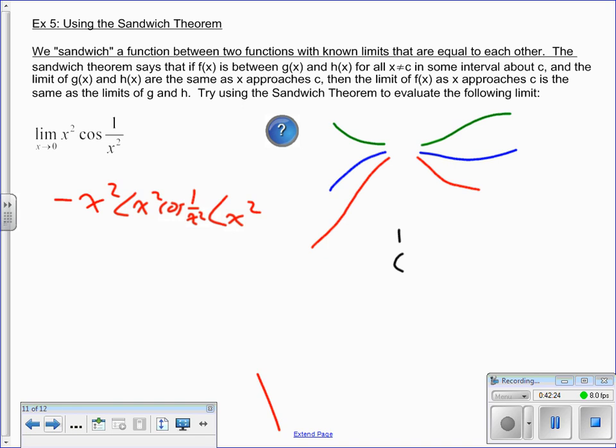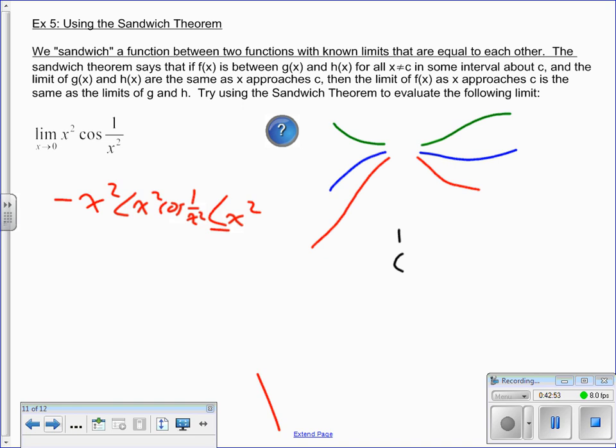What is the maximum value and minimum value of cosine of whatever I'm taking? The maximum value is 1, right? So, ignoring this side here, the maximum that could be is 1. 1 times x squared is always going to be less than or equal to x squared.